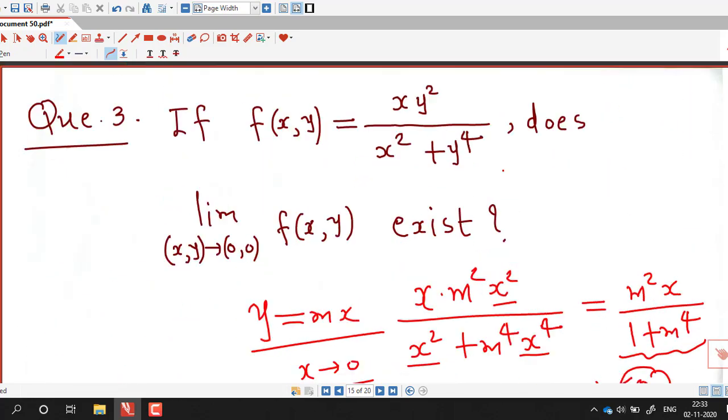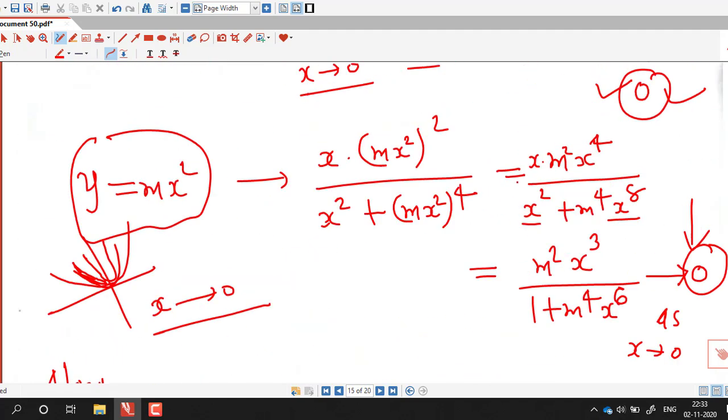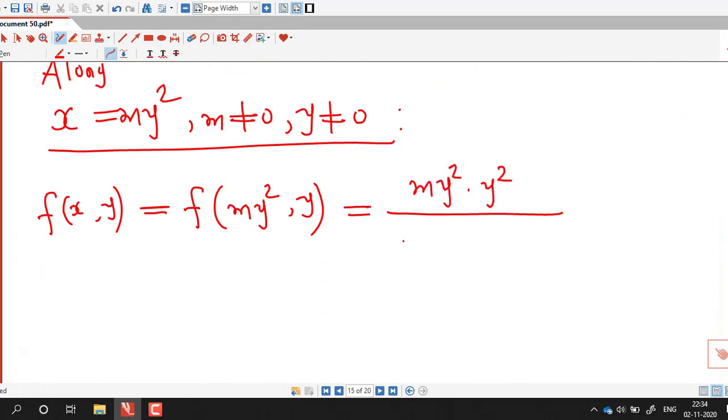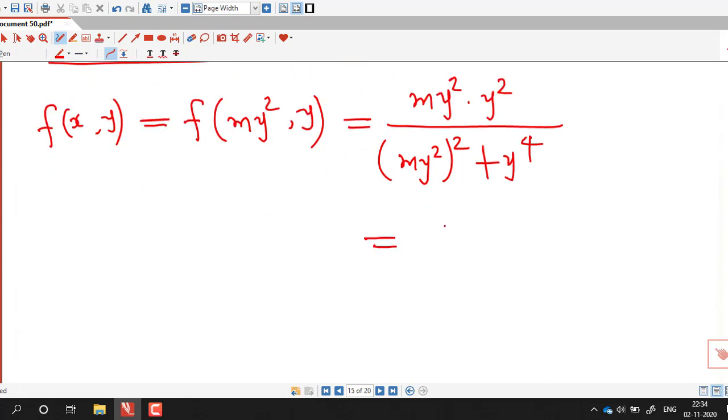The function is f(x,y) equal to x into y square. So x is m y square, times y square, and in the denominator we have x square plus y raised to 4. So x is m y square, x square plus y raised to 4.